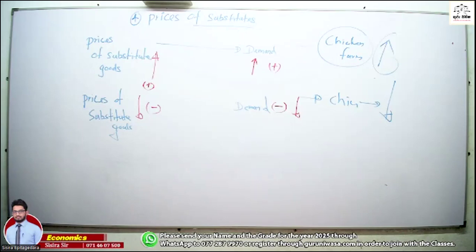Okay? When price of substitute goods increase, demand for our product also increases because the consumers will move to buy our product, because substitute goods are very expensive.